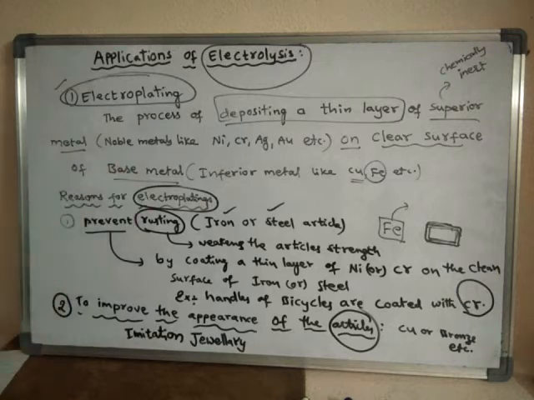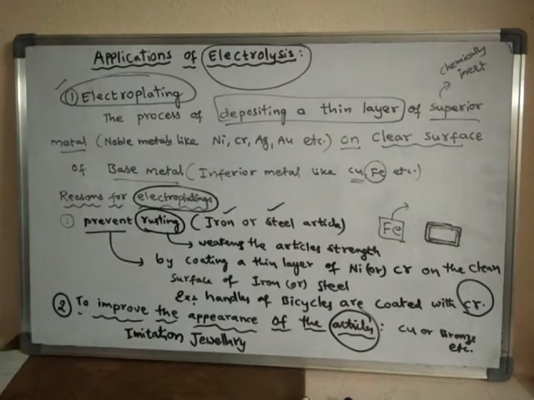So even for this purpose, the electroplating technique is used. If gold or silver is electroplated on articles made of copper or bronze, it improves their appearance. These are the main reasons why we go for electroplating.